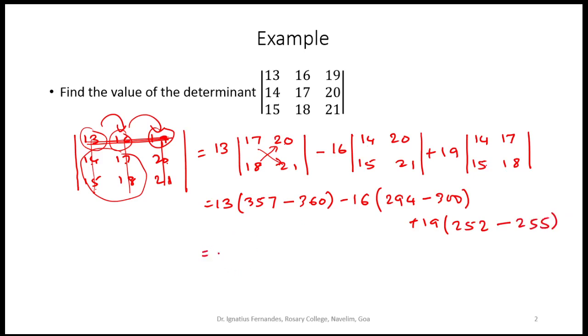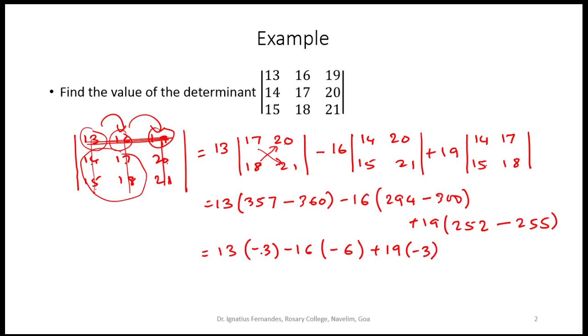If I simplify this, I have 13 into 357 minus 360 is minus 3, minus 16 into 294 minus 300 is minus 6, plus 19 into 252 minus 255 is minus 3.